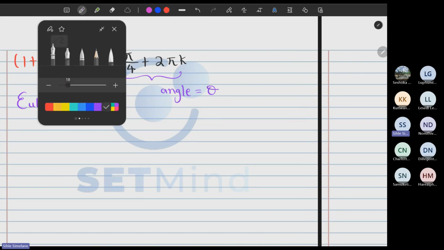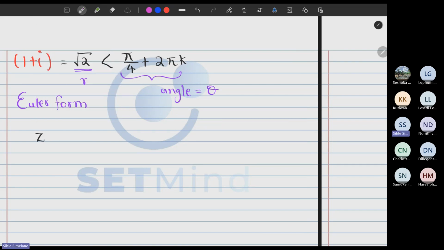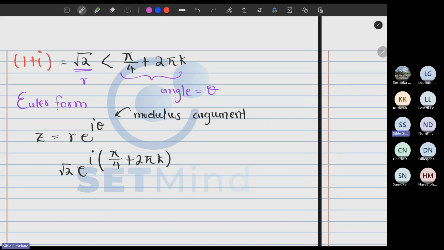So in Euler form, what we have as our z is always R e to the i theta. So it becomes easy if I move to Euler form, then back to modulus argument form. Sometimes they call this here also modulus argument, because we have the modulus and the argument. So our R is our modulus, which is equal to square root 2, e to the i to the power of pi over 4 plus 2 pi k.